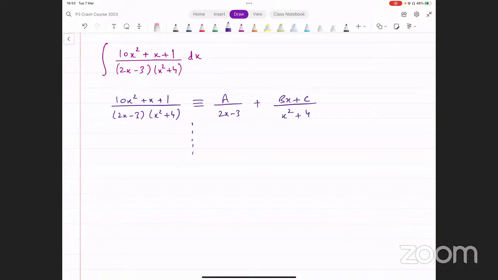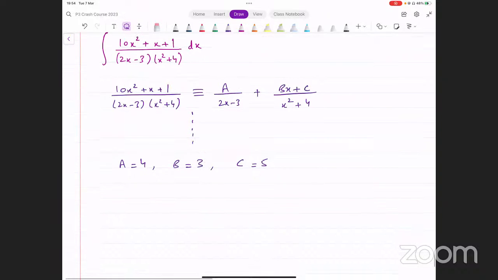In this case, A turns out to be 4, B will be 3, and C will be 5. So you do this whole process, find partial fractions, and you'll get this at the end.